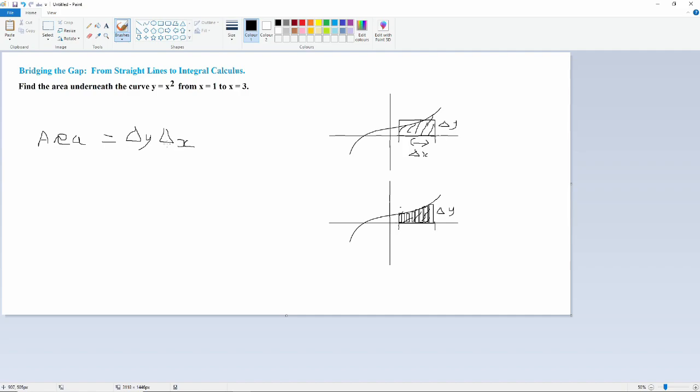Does that look familiar? It does to me. Remember the slope of a curve is delta y by delta x. And this time the area is delta y times delta x. In fact, if we multiplied the slope by delta x, we'd actually have the original y, the original change in y.